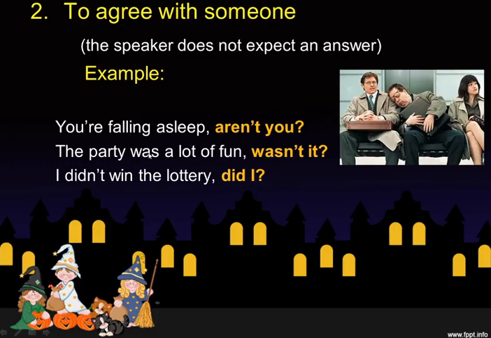This is the only thing we have to keep in our mind while we are making a question tag. The party was a lot of fun, wasn't it? Because here there is only one verb, that is the auxiliary verb was. So wasn't it? I did not win the lottery. Here win is also a verb, but we have to begin with did not. I did not. The did not is already here, so it is a negative statement.